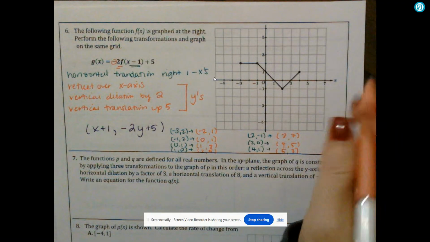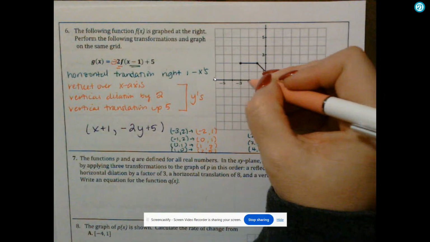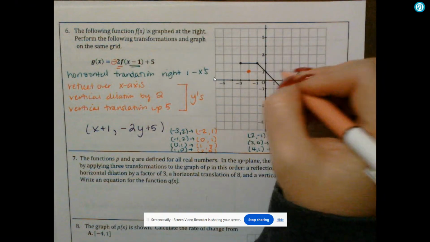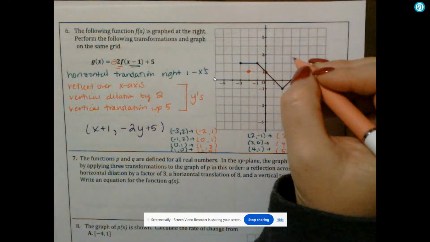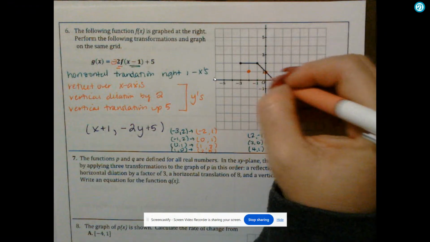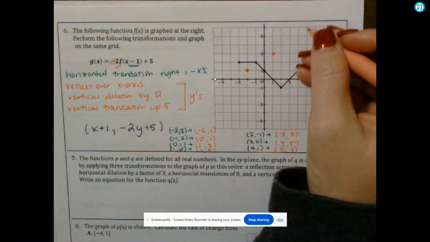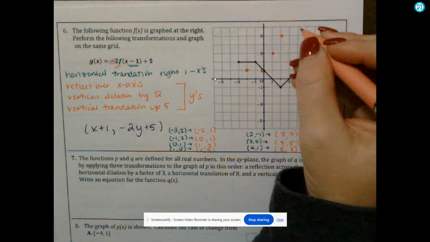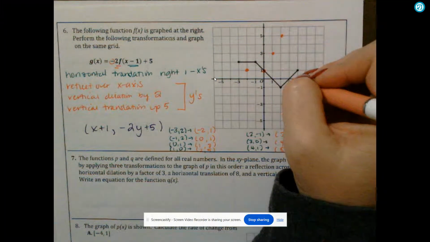And then I'm just going to plot those points. So -2, 1; 0, 1; 1, 3; 2, 5; 3, 7.